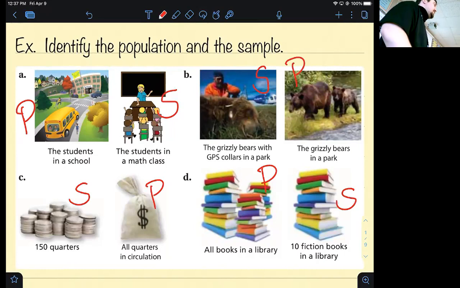Okay, so as much as I'd love to say you're going to see a question like this on the iLearn, the questions you're going to see on the iLearn aren't going to be what's a sample and what's a population. They're going to ask you which of these 4 choices is the best way to conduct a good sample. And so that's what I want to talk about now.